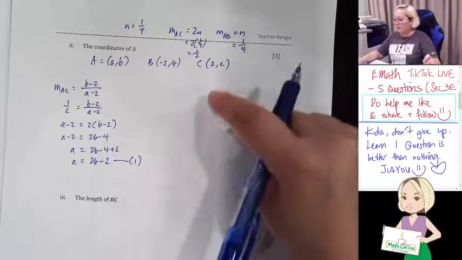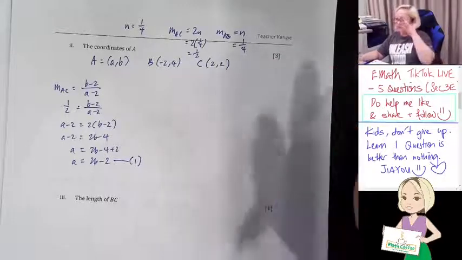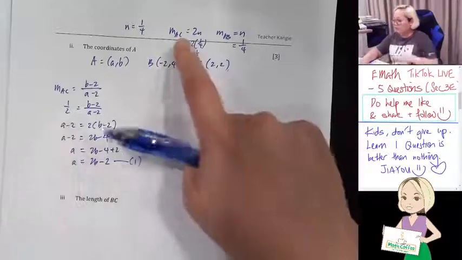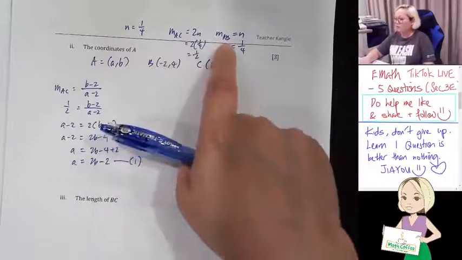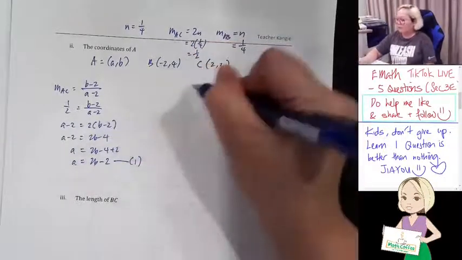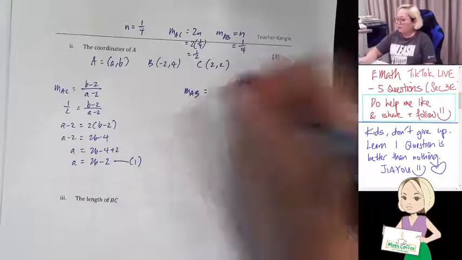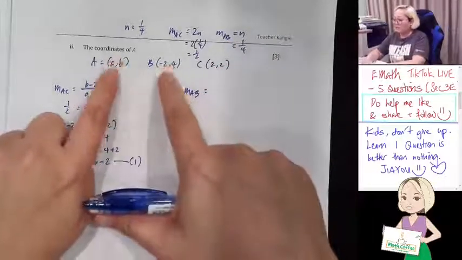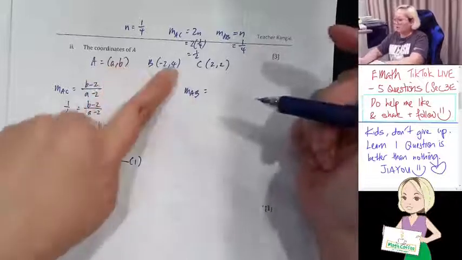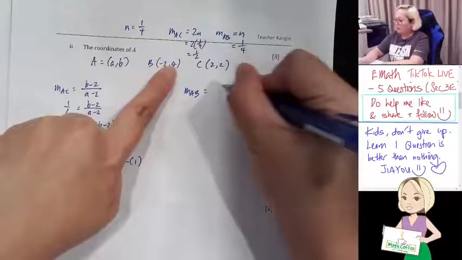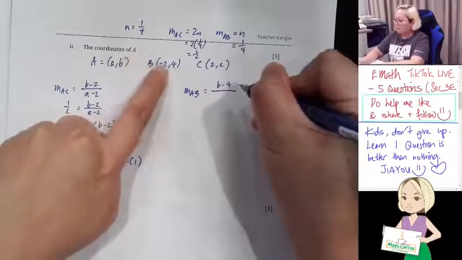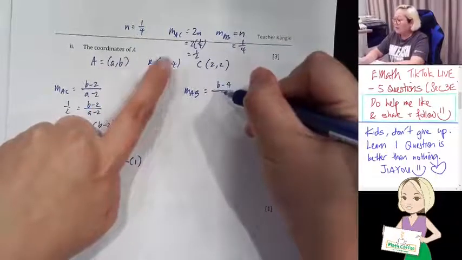Now we have to form a second equation. So just now we used gradient AC. So I'm now going to use gradient AB. Gradient AB is equal to, look at A and B, y1 minus y2, so it's B minus 4 over A minus minus 2. See, A minus minus 2.